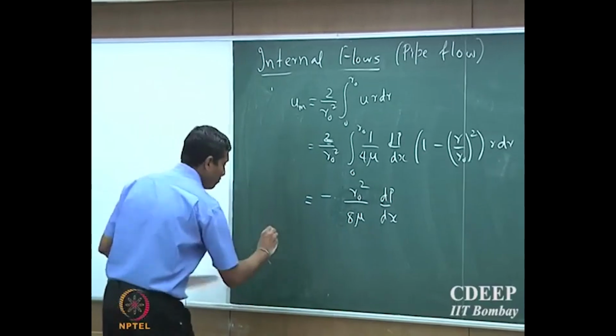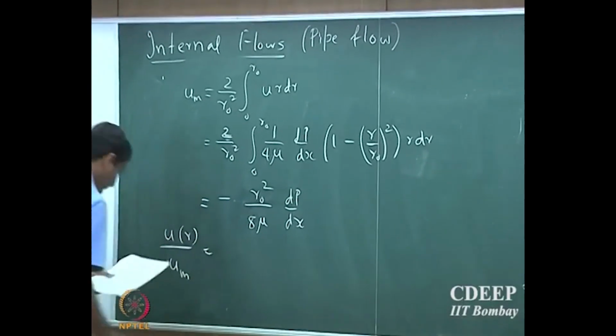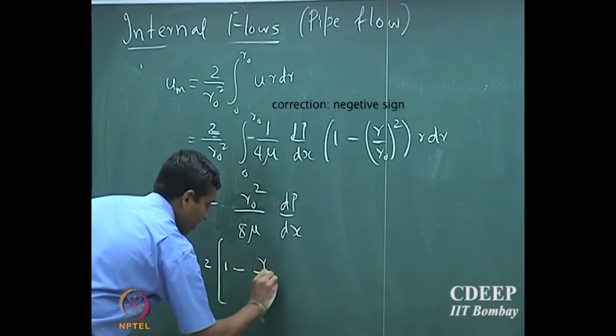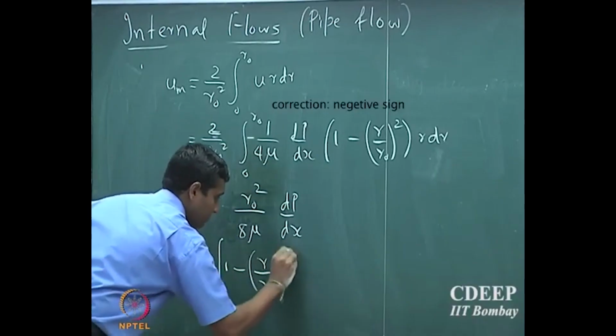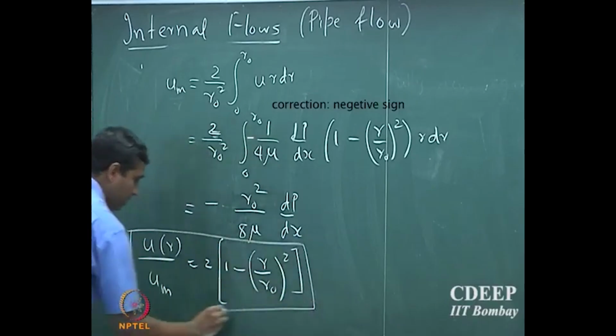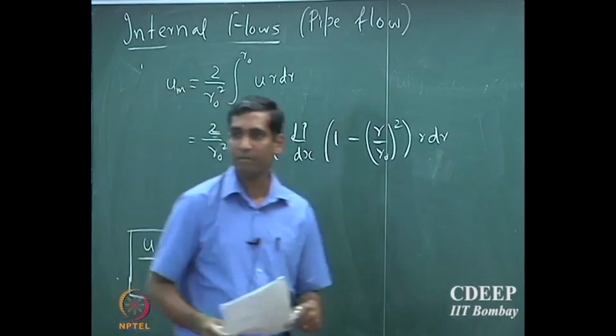So therefore, u by u_m is now given by 2 into 1 minus r by r naught the whole square. So that's the velocity profile in the fully developed region. Okay, is that clear to everyone? Any questions on this so far?